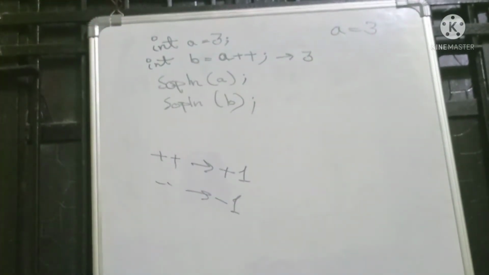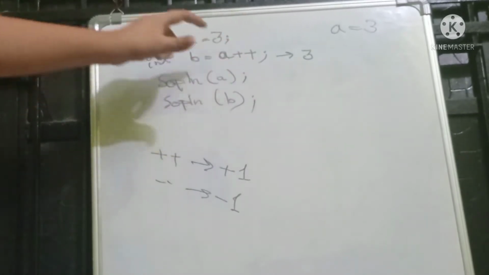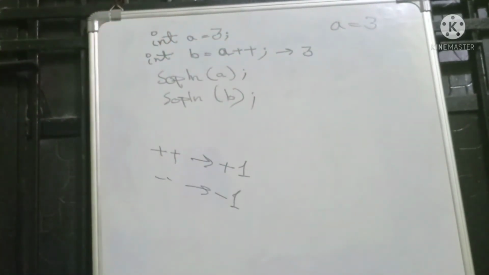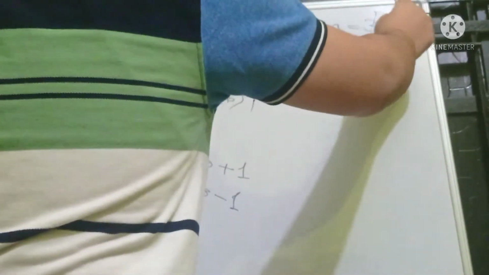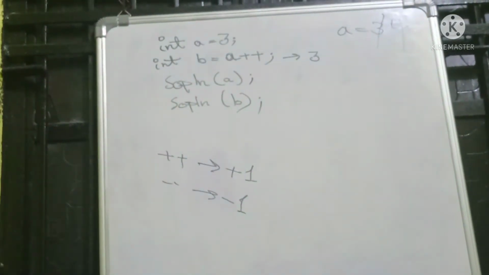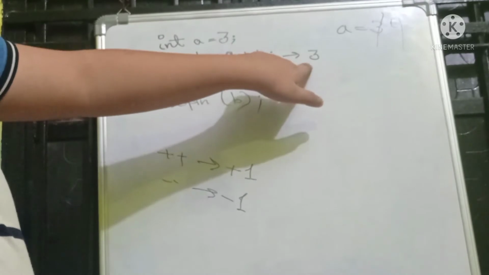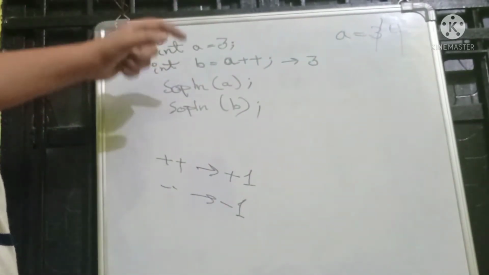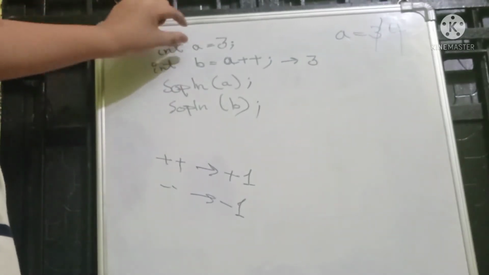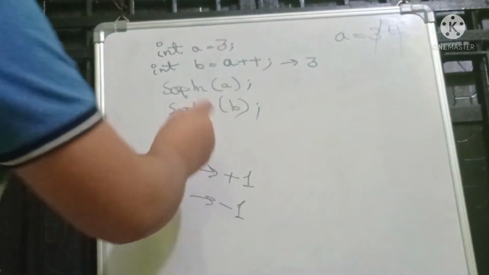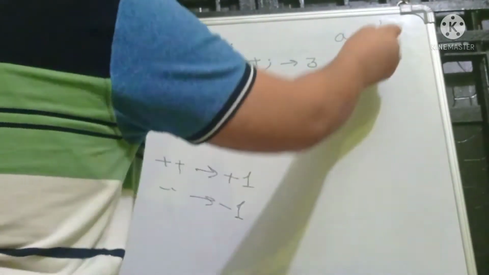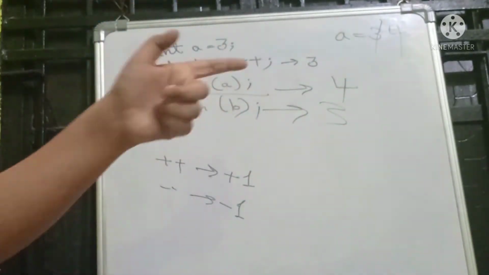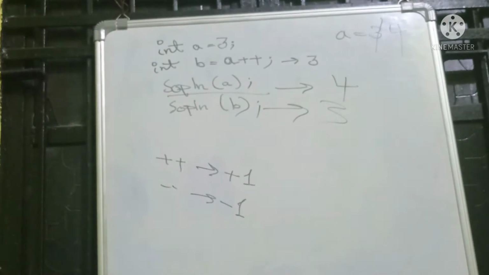So a plus plus means we add 1 to the value of a. So here the value of a becomes 4 and the value of b is 3. We do not change the value of b, but instead we change the value of a. SOPLN a is 4 and SOPLN b is 3. Here is the answer to this question.